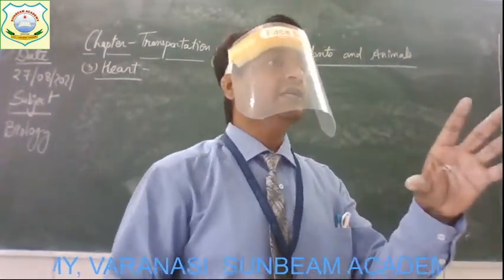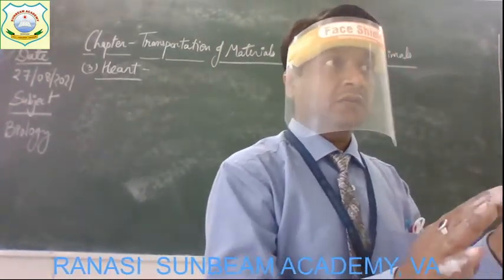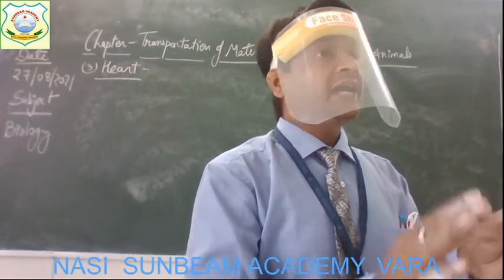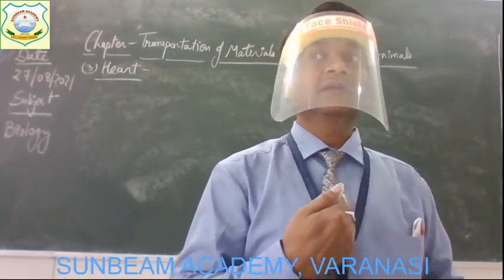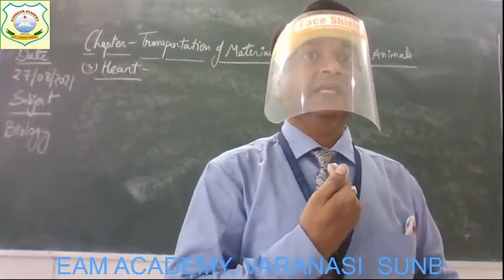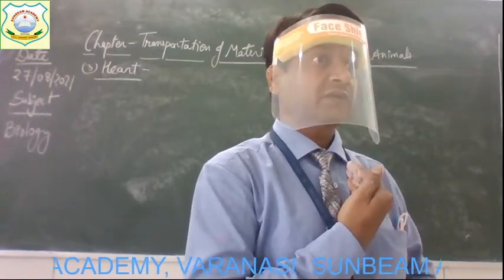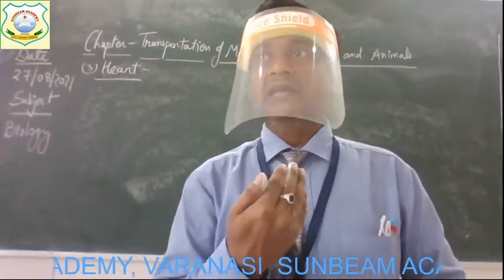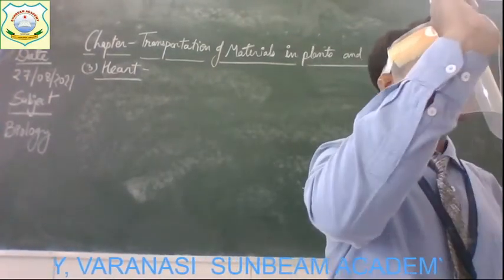Actually, the heart is a muscular organ which is made up of muscles only. And it is situated in the body where? In the center of our chest area, a little bit to the left. From the center, and its size is just about a what?